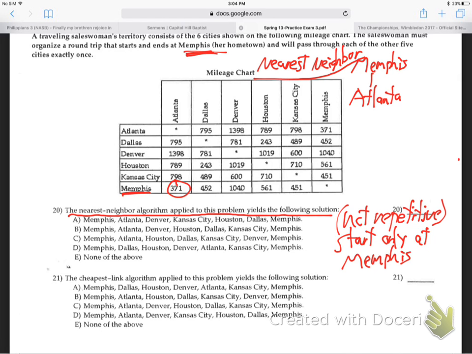So try the next, let me give you a little bit of time. Now go to Atlanta and find out from Atlanta what the closest city would be.